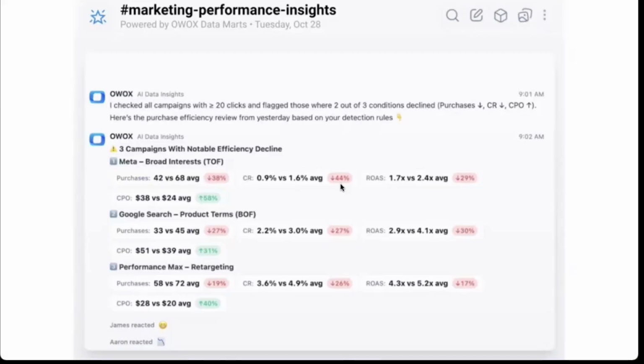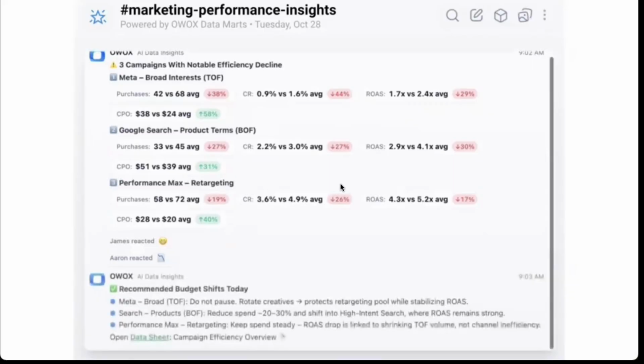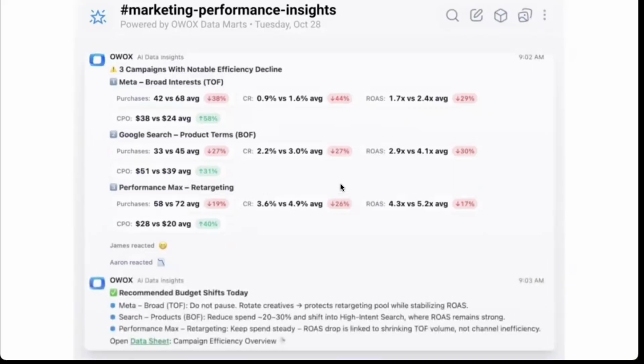And not less important, we not only see the campaigns, but we also decided to add some simple recommendations. First of all, I would say that the recommendations are not decisions that the client makes.